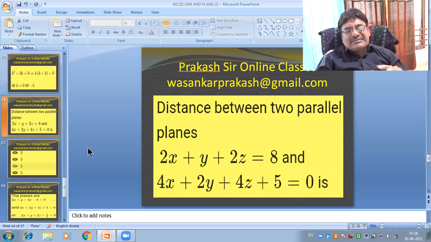Next multiple choice question is the distance between two parallel planes. Here, remember that the planes are parallel. If I find the distance between two parallel planes, the first equation of plane is 2x plus y plus 2z equals to 8, and the second equation of plane is 4x plus 2y plus 4z plus 5 equals to 0.